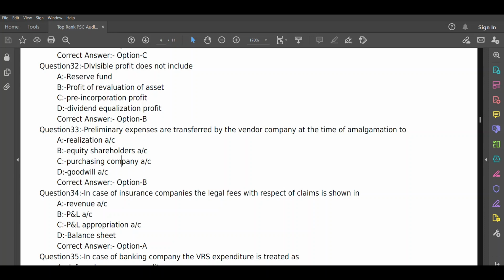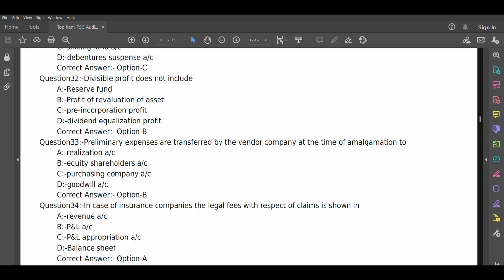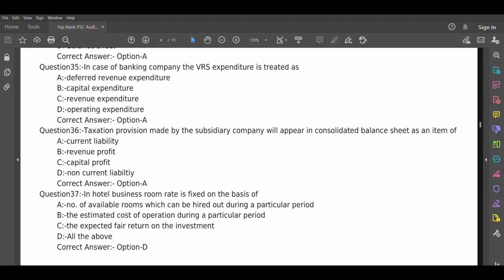In case of insurance companies, the legal fees with respect to claims is shown in revenue account. In case of a banking company, the VRS expenditure is treated as deferred revenue expenditure.